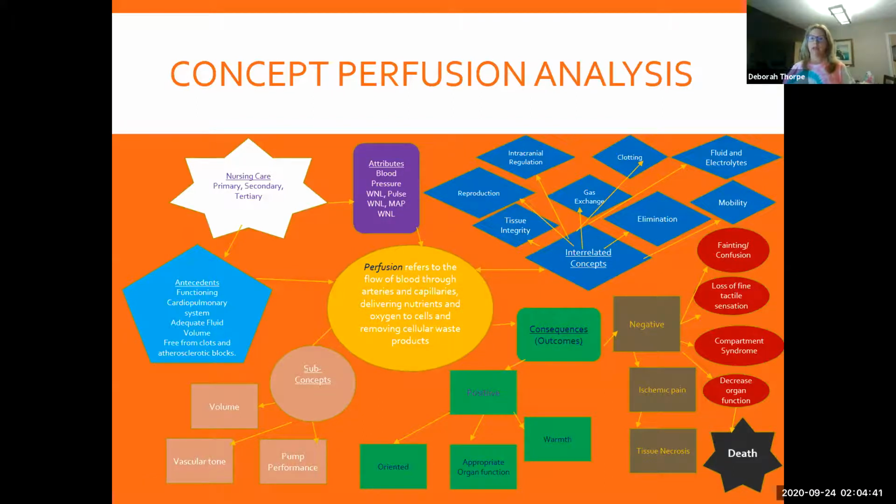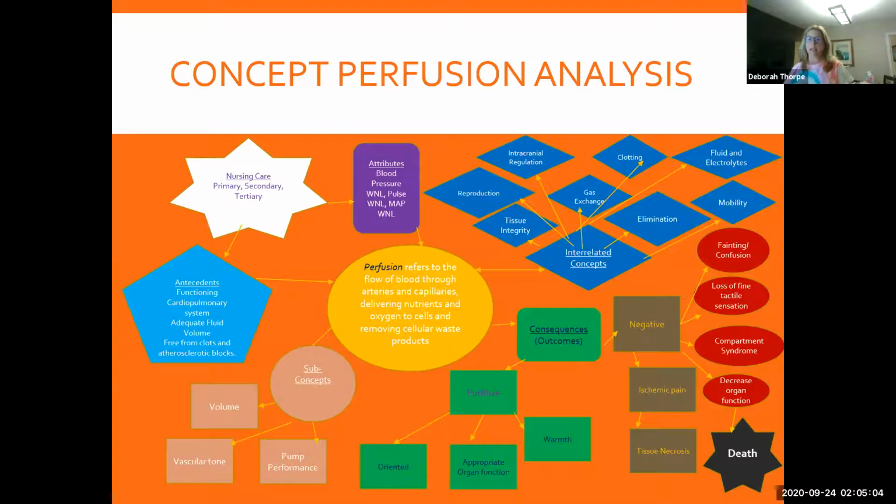And that they occur due to the proper functioning of this concept. So the outcomes are the person is oriented, they have appropriate organ function, and they're warm to the touch.